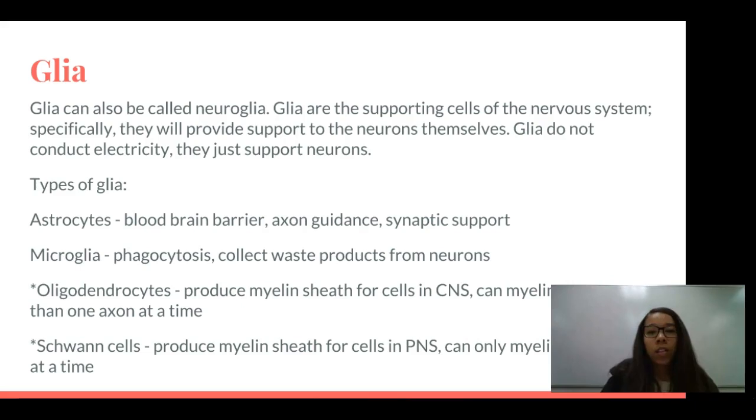It's very important for you to understand the difference between oligodendrocytes and Schwann cells, because that's one question that many students confuse on the exam, because the definitions are almost the same. They do the same thing. They produce myelin sheath. Just know where they produce myelin sheath and if they can produce it for one axon or for multiple axons at a time.